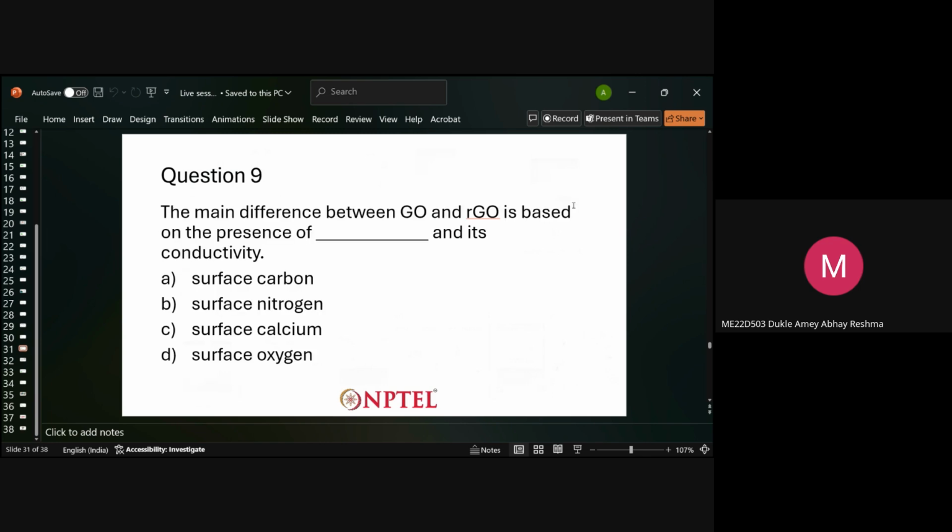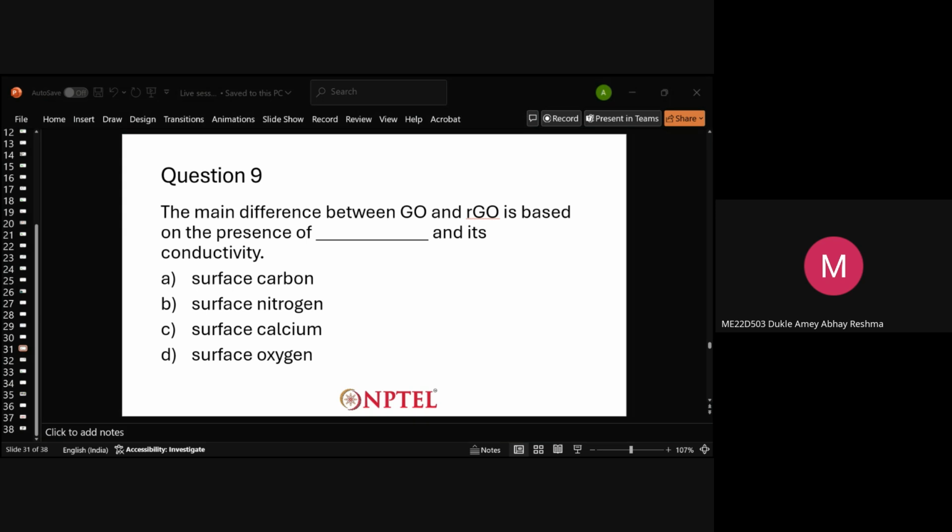In the ninth question, they are asking what is the difference between graphene oxide and reduced graphene oxide. The main difference is based on the presence of dash and its conductivity: surface carbon, surface nitrogen, surface calcium, or surface oxygen. It is asking what is present in graphene oxide that is not present in reduced graphene oxide.